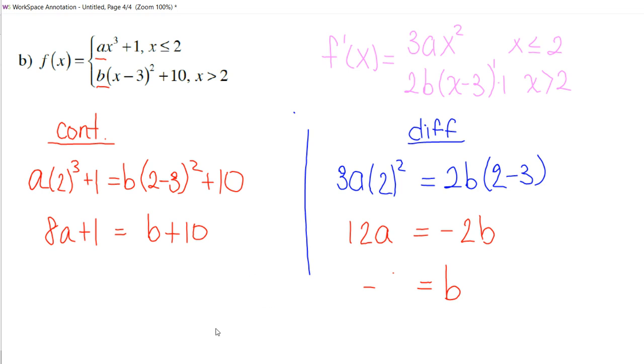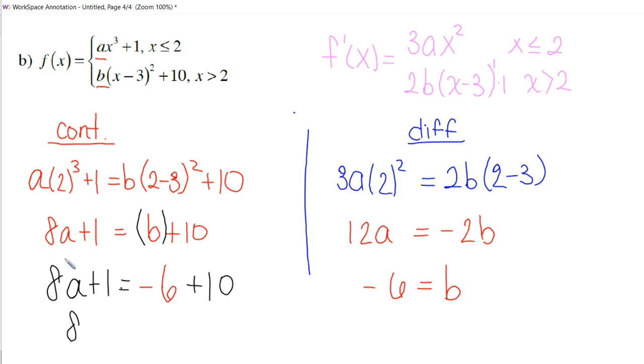Now we're going to plug in our b in here to get 8a plus 1 equal negative 6 plus 10.